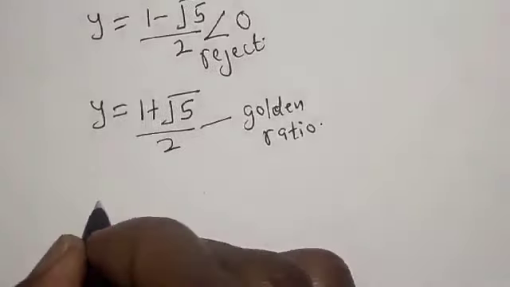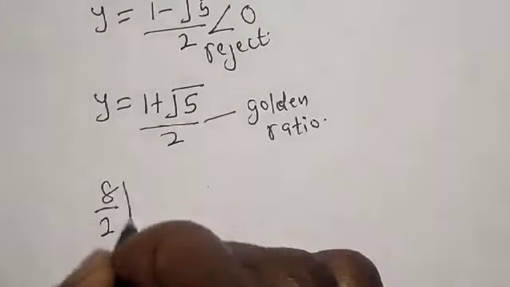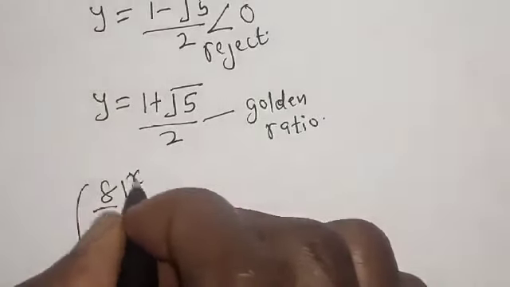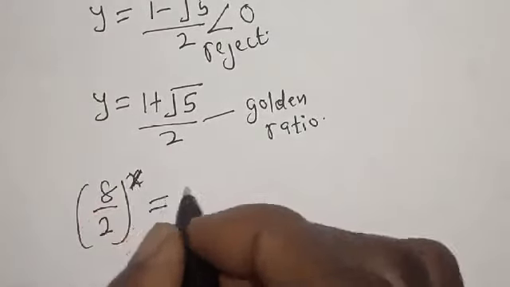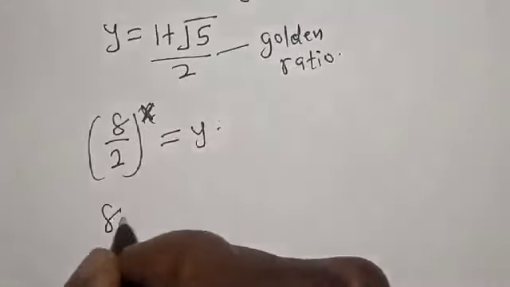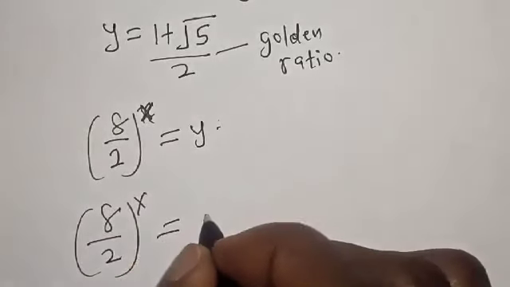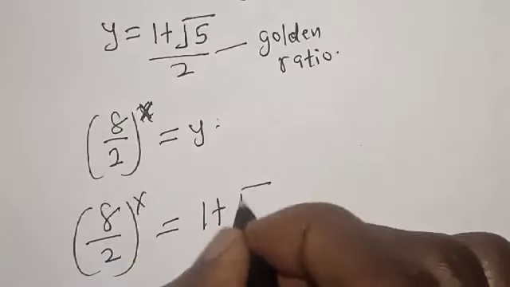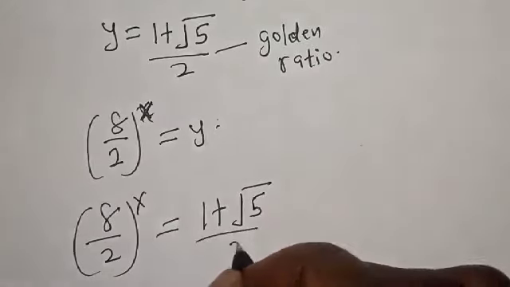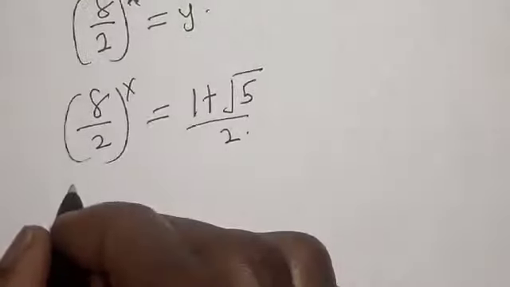Now remember that (8 over 2) raised to power s is equal to y. (8 over 2) raised to power s is equal to 1 plus square root of 5 over 2. Let's take the log of both sides.